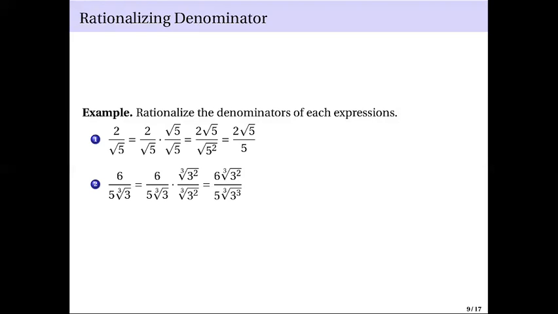We can simplify radicals, for example, in this case, if your index is greater than the power in the radicand. If the index is greater than the power in the radicand, we cannot simplify that.